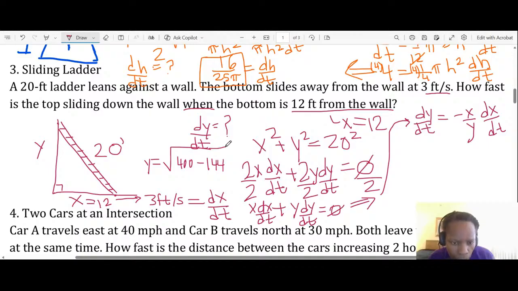Okay. And that's equal to, let me get my handy dandy calculator, the square root of 256. Ah, that's nice. The square root of 256 is 16.